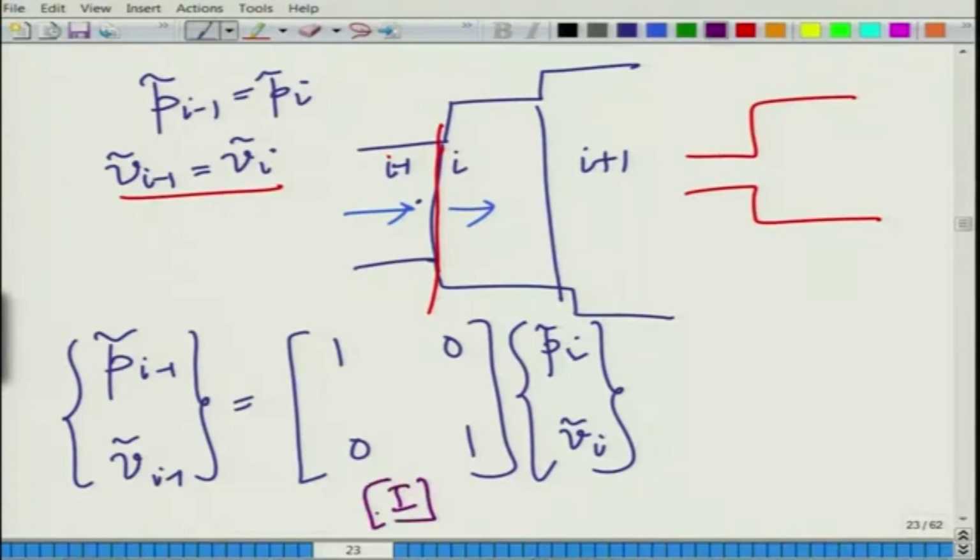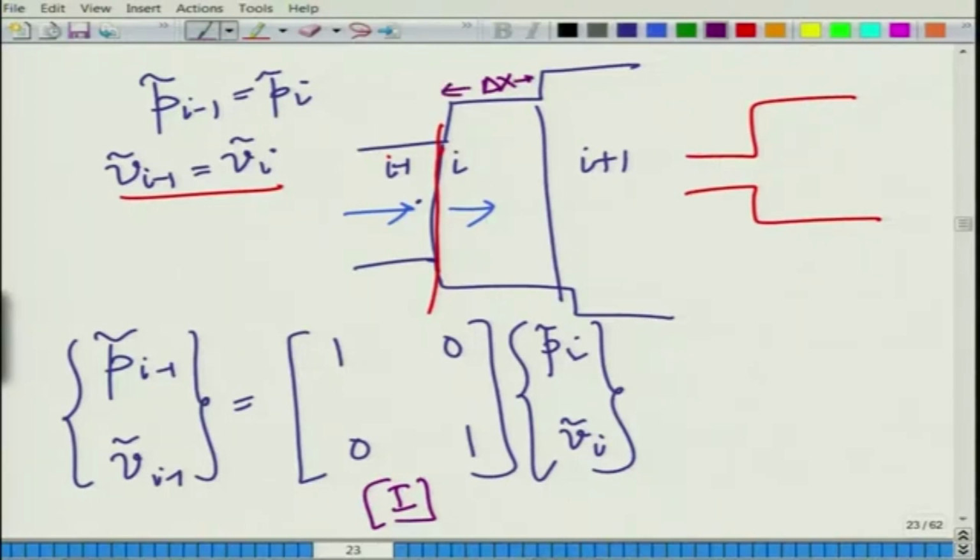The acoustic state variables, acoustic pressure and acoustic mass velocity, are the same across the jump. They are related by an identity matrix; there is no difference, this is a continuity. Let us say the length is delta x.